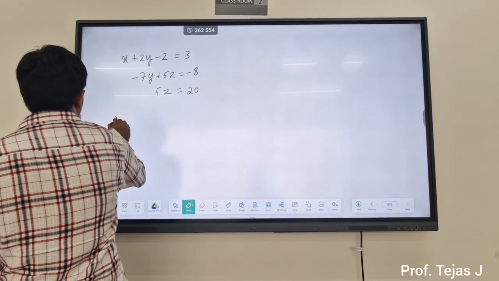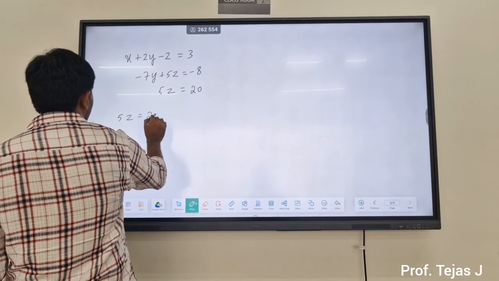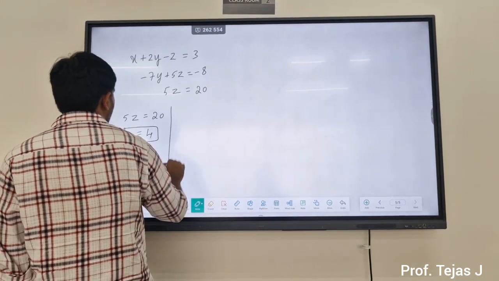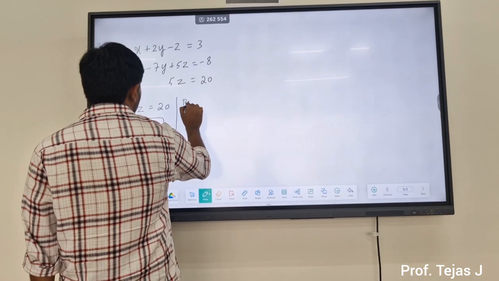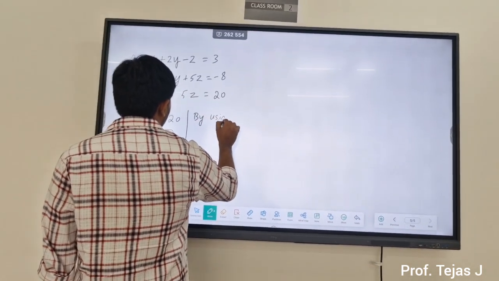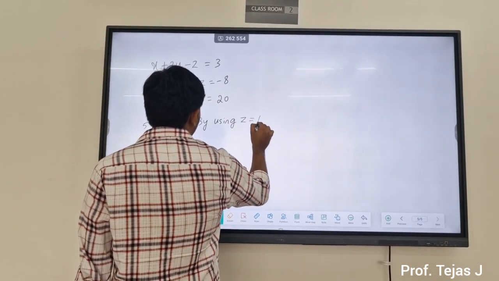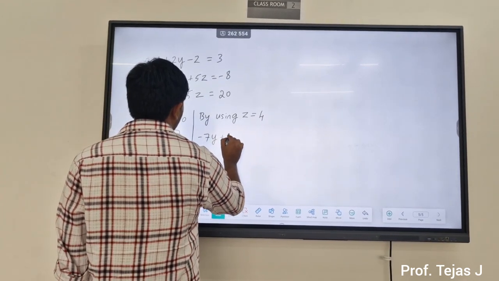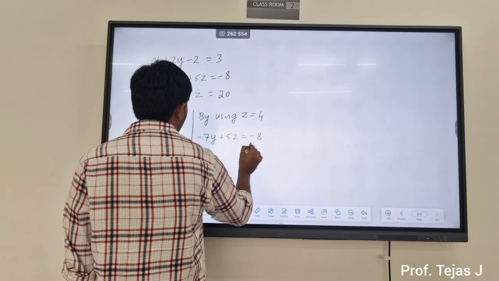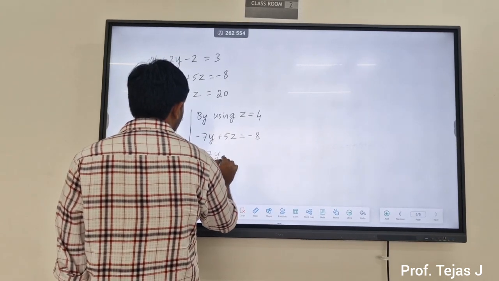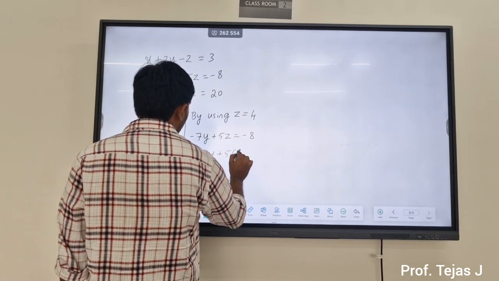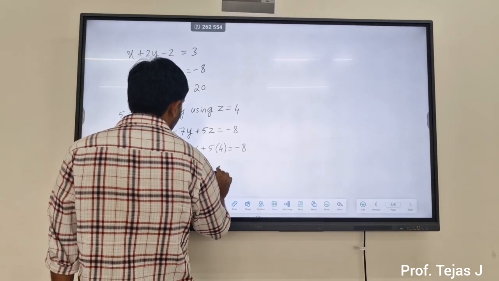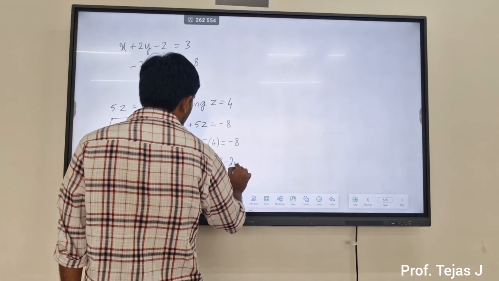When you solve equation number 3, which is 5z equal to 20, you will get the z value as 4. So by using z equals 4 and applying it to the second equation, minus 7 into y plus 5 into 4 equal to minus 8, so minus 7y equals minus 8 minus 20.